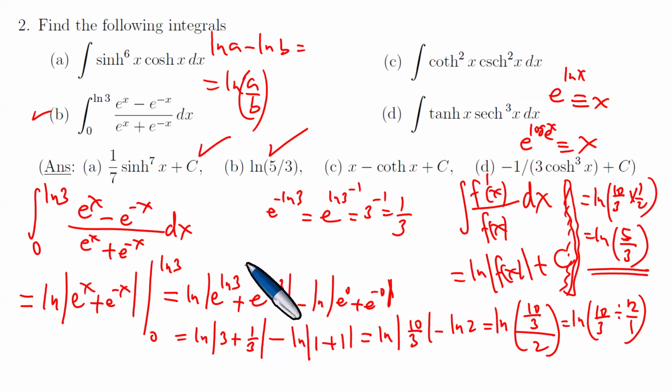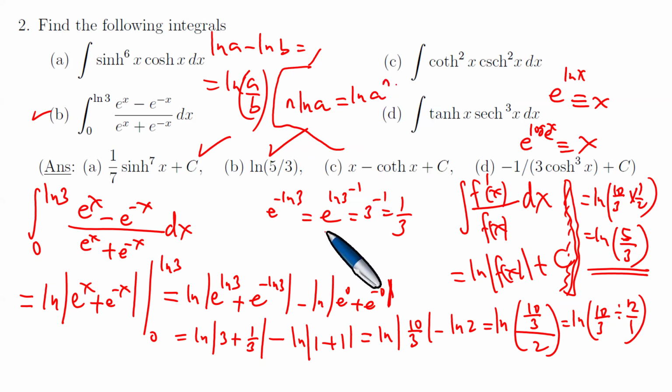We use the property of the ln, because e to the power negative ln 3, this -1 is taken up using the property of the log: n ln A is the same as the ln of A to the nth power. So there's a negative here, which is a -1. We can take it up on the 3, so it becomes an exponent of the 3.